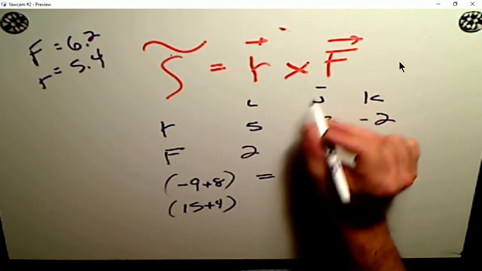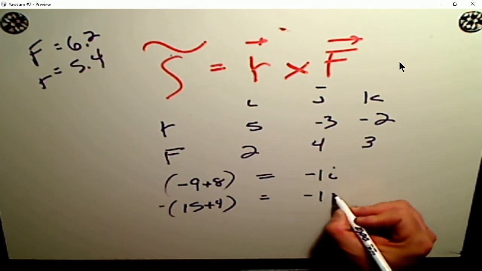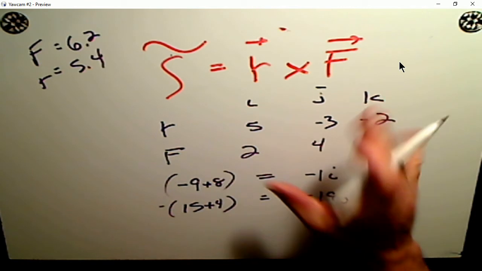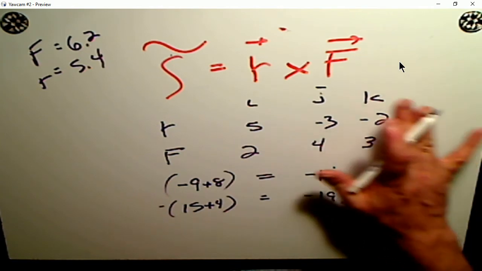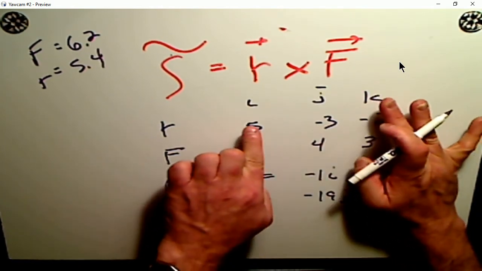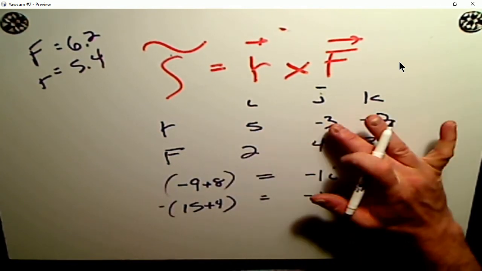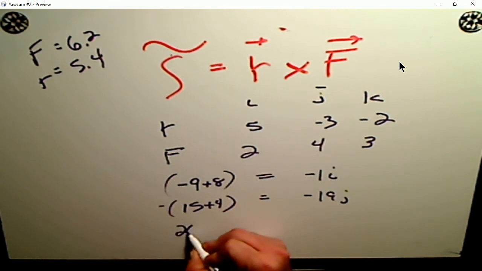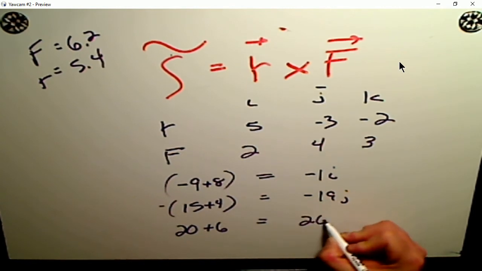But we have to begin with a negative there. So it's a negative 19J. Begin with a negative in cross product for J. And for K, I cover that up and do the cross product. 20 minus a minus 6. So it's 20 plus 6 equals 26K.